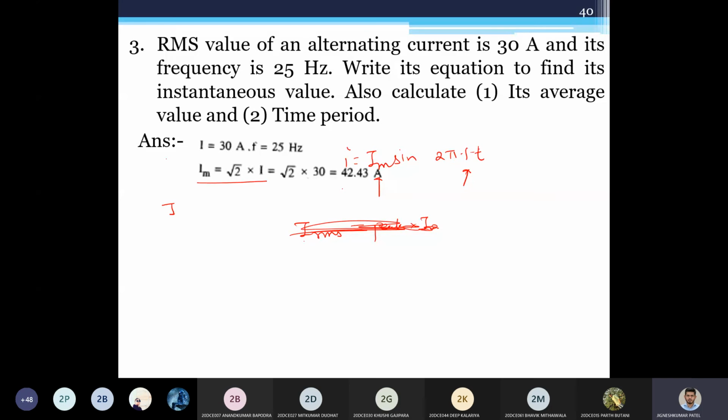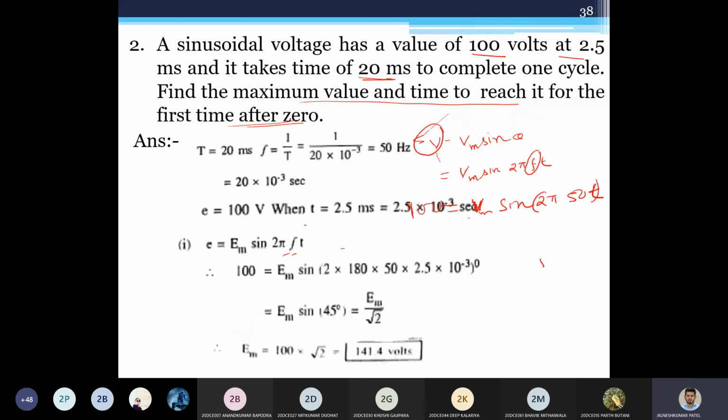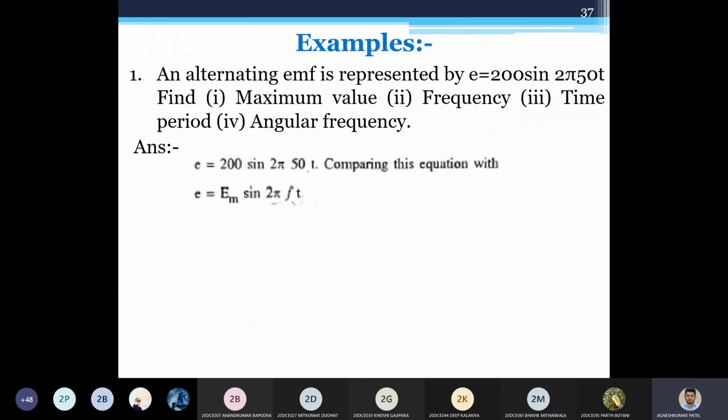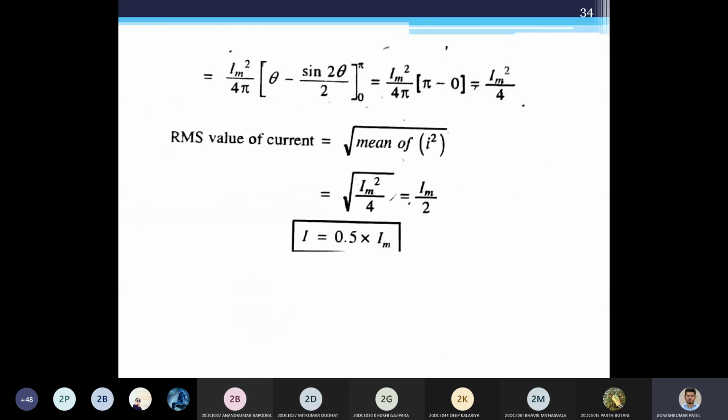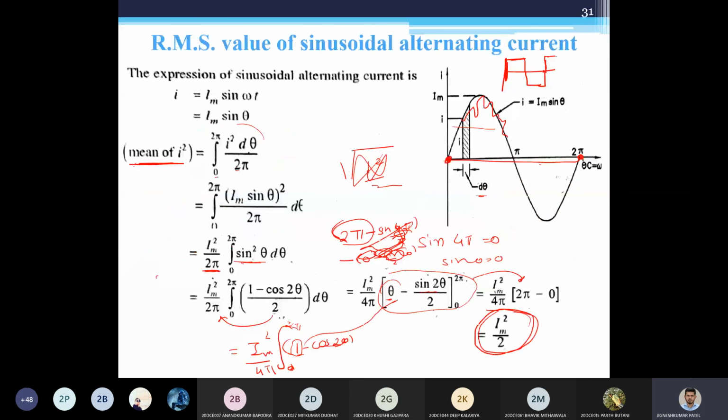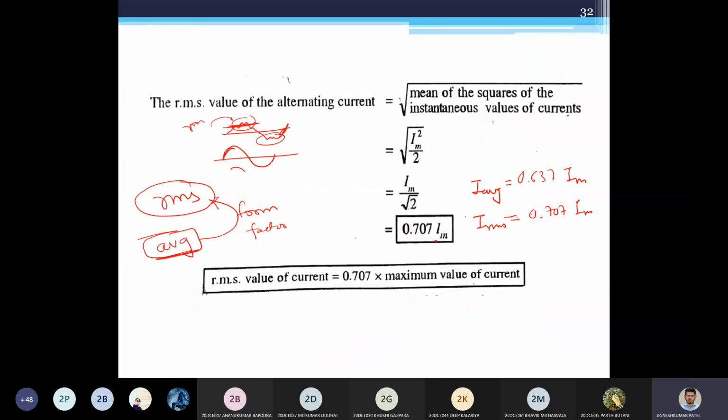This equation is actually the RMS value equation. So this is the equation. The RMS value is equal to 0.707 times Im. So this is my RMS value.